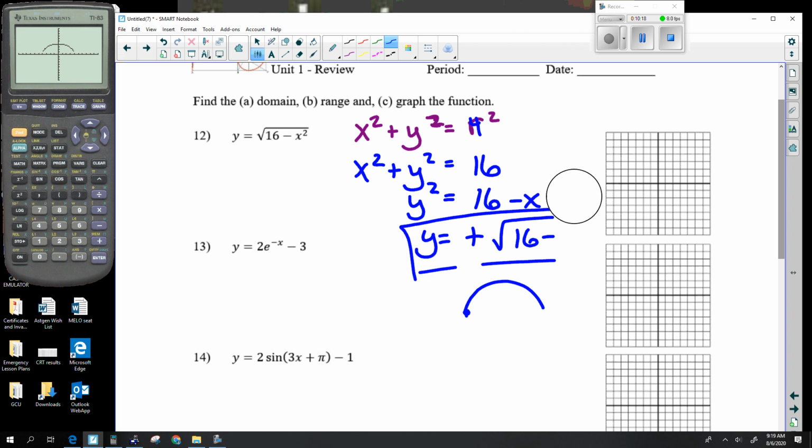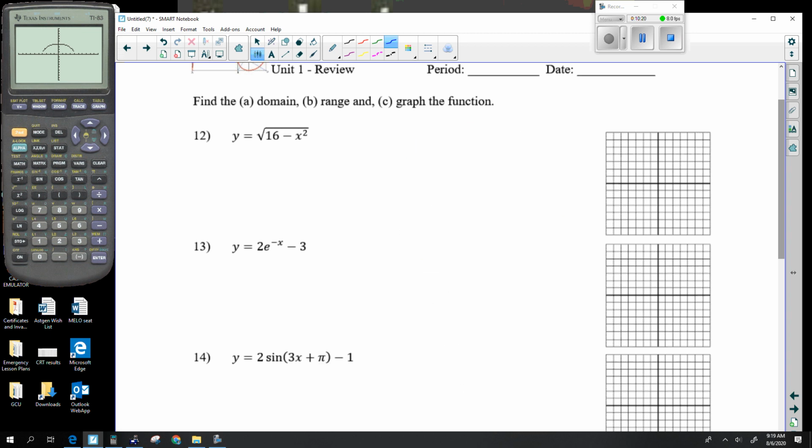I should have been able to recognize that, but whatever. All right, so this is an upper part of the circle, radius 4. So 1, 2, 3, 4, 1, 2, 3, 4, and darken those so people can see them. Upper part of the circle.